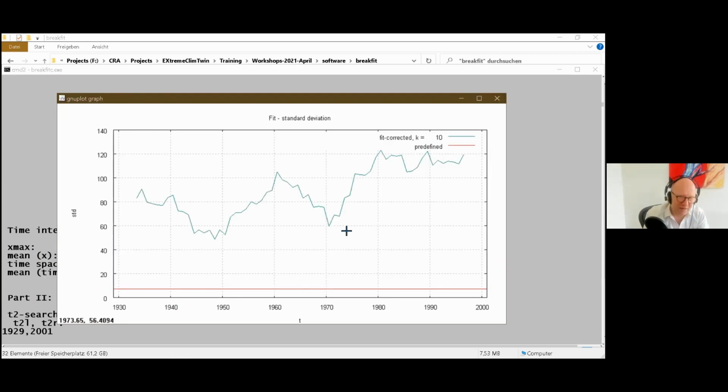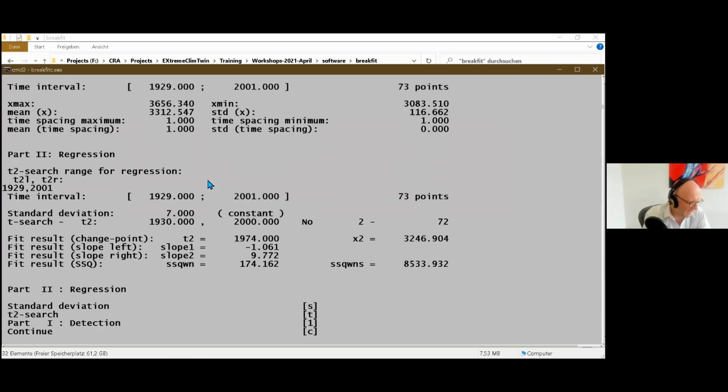And you see, perhaps variability was a bit higher here than there, but not so much. We could try to study whether this has an influence. Anyhow, we see that the change point is at 1974. And this is the thing we just keep in our mind.